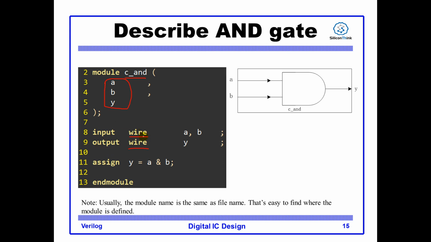So direction, data type, and signal name. Within these round brackets, you list all the I/O signals. There is a comma after each signal, but there is no comma for the last signal. Then you write a continuous assignment to give the A and B value to Y. This is the function of this module. So this module is done.